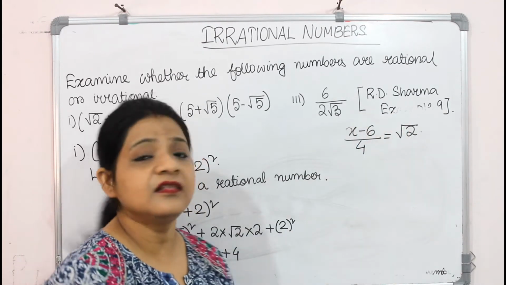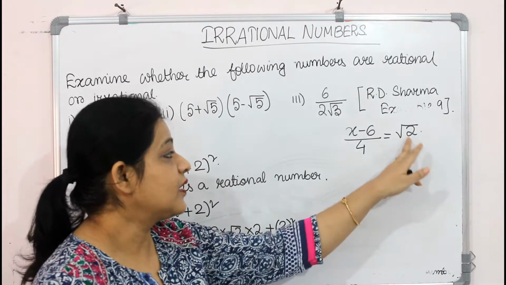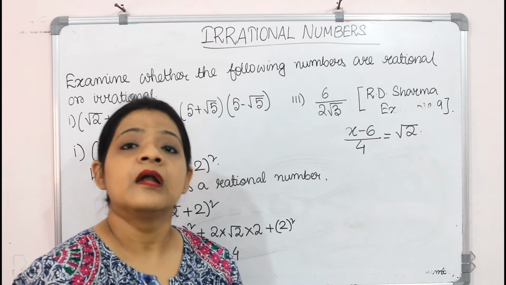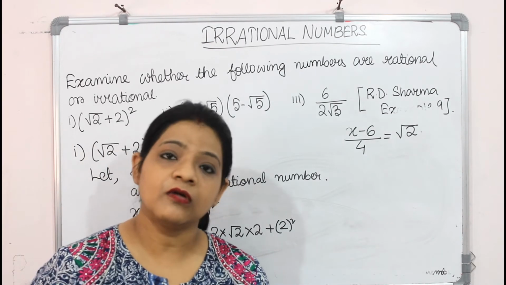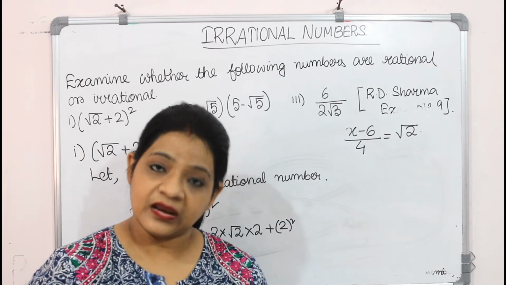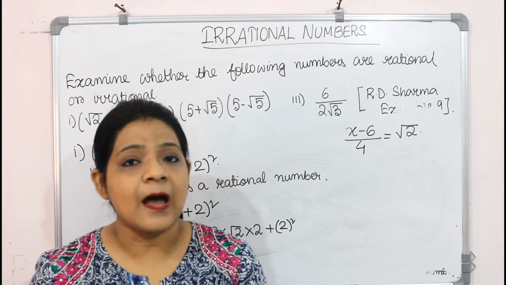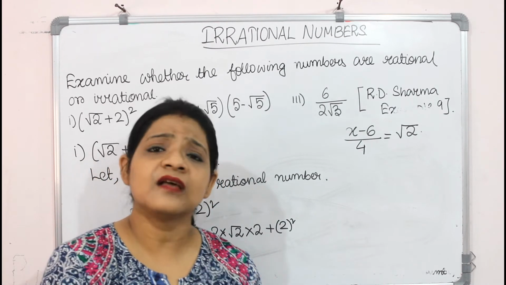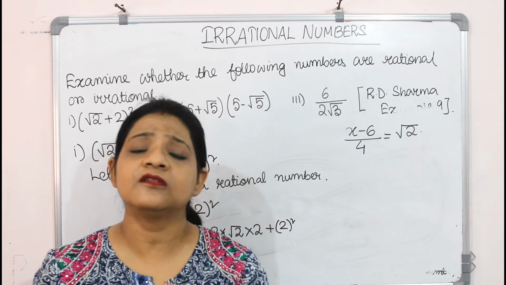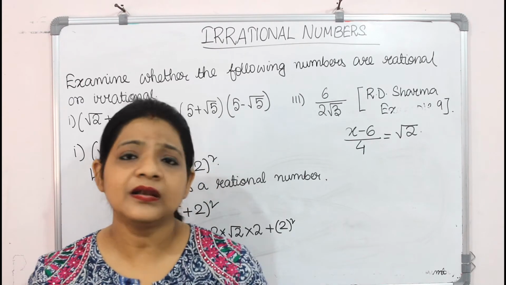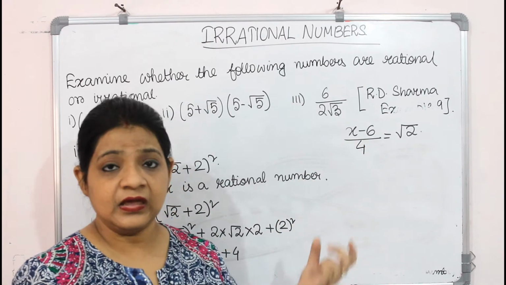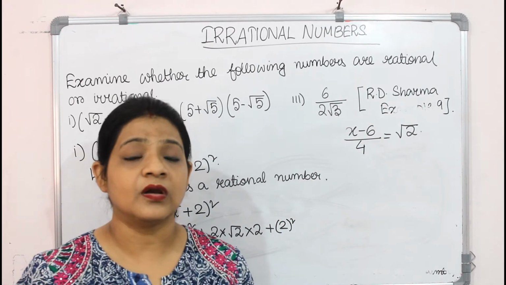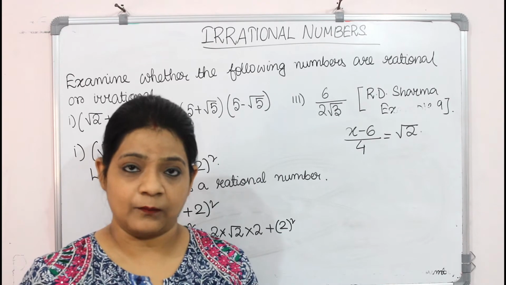On the right hand side, what are you getting? You are getting an irrational number. Now you tell me whether a rational number will be equal to an irrational number. Can you say? Because the properties of a rational number are completely different from those of an irrational number. So how can we say that a rational number is equal to an irrational number?